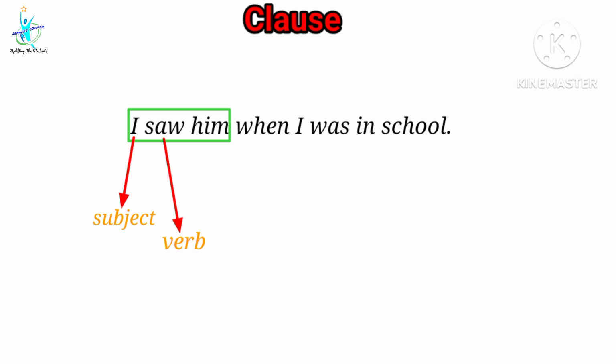If I say when I was in school, then what happened there? Someone may ask, because the statement is not complete. So why do we say it is a dependent clause? Because it contains the subject and verb, and we have this word when, which changes the whole statement. So I is the subject, was is the verb, therefore it is a clause, but this time it's dependent because it cannot stand alone and make sense.